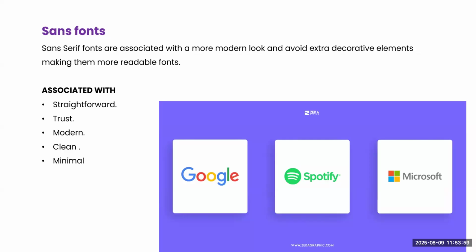I already told you the reason behind that: when people are shifting to digital screens, they have to change the font style to sans serif. Another reason is they want to show trust, modernity, and clear and minimal design. Nowadays, people don't like complicated designs.